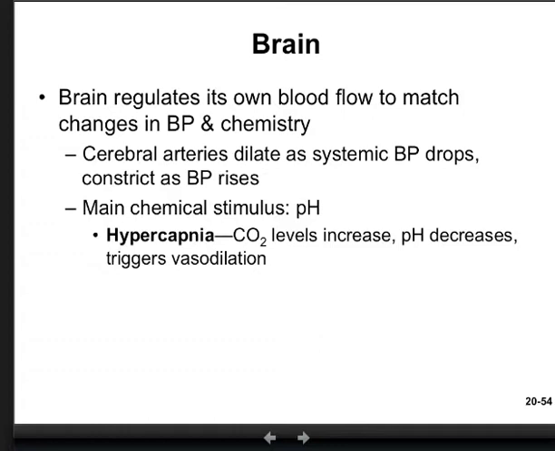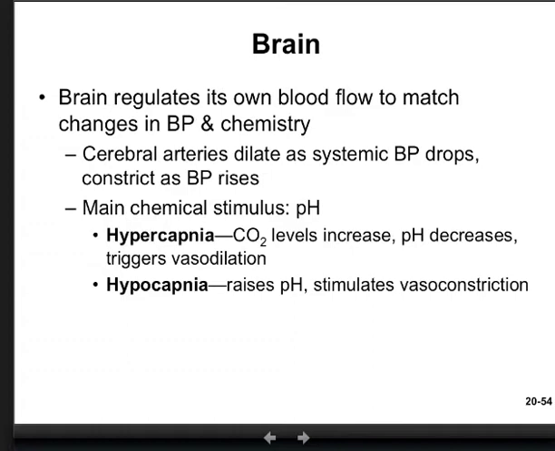On the other side, when we're talking about enzymes that trigger reactions that keep life processes going, we're looking at denaturation of protein, and if enough proteins denature, then metabolic processes will stop and the cell will die. So again, this is why we need to keep pH within a nice tight limit. Hypocapnia raises pH and stimulates vasoconstriction.